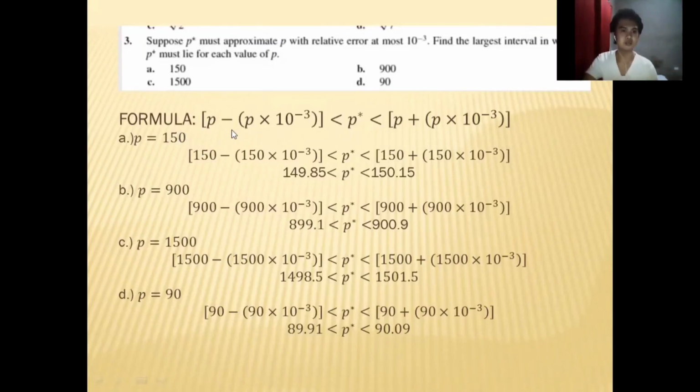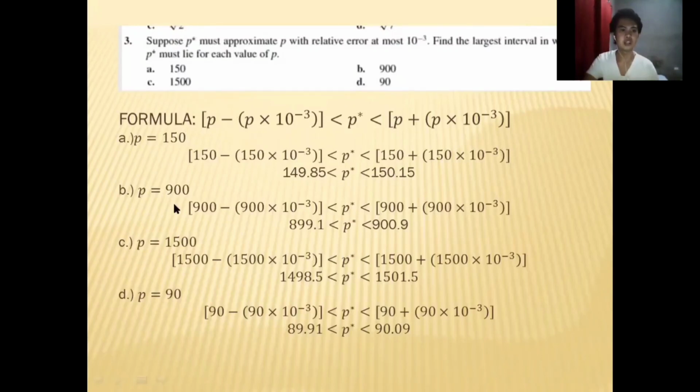Using this formula, it is the same process as in number 2. So 150 minus 150 times 10 raised to negative 3 is equal to 149.85. And 150 plus 150 times 10 raised to negative 3, using a calculator, we get 150.15.